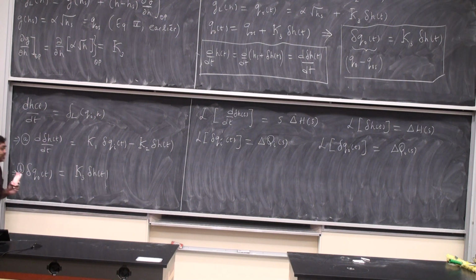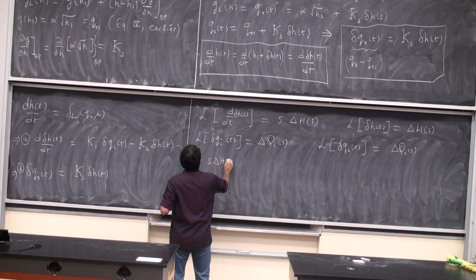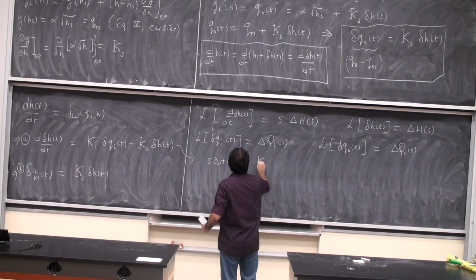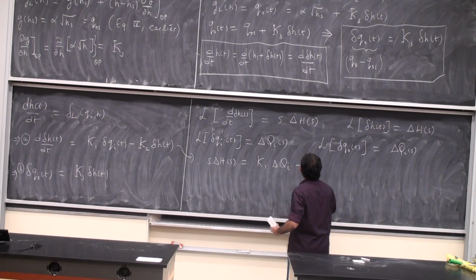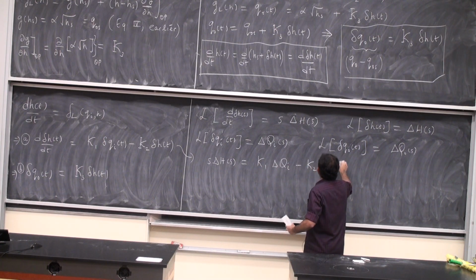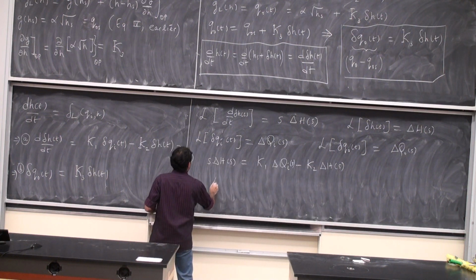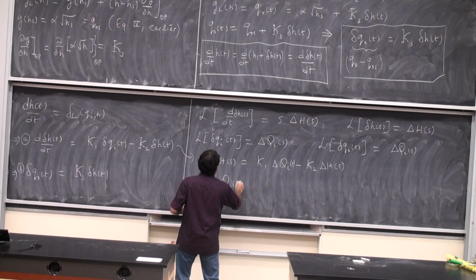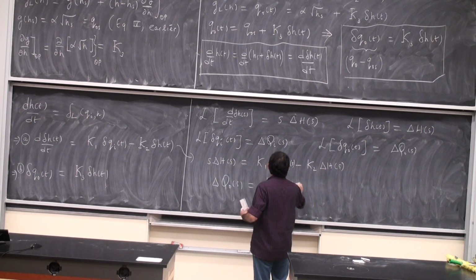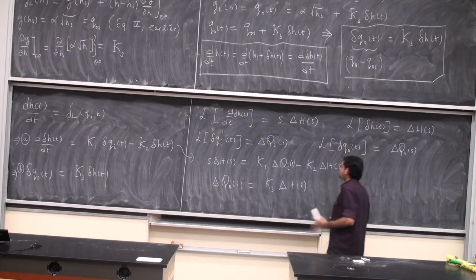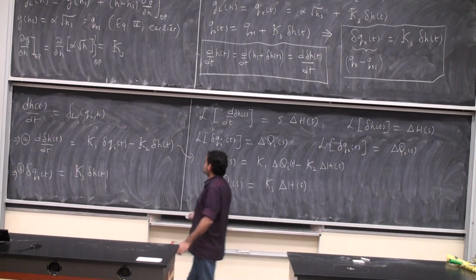Substitute instead of d delta h by dt, s times delta H of s equals K1 delta Qi minus K2 delta H, and then delta Q naught is K3 delta H. That's the Laplace of the second equation.